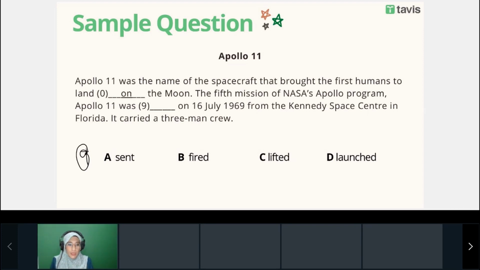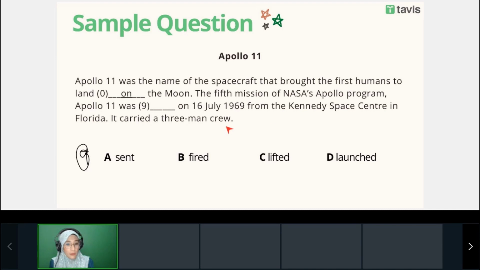Okay. So for question 9, the fifth mission of NASA's Apollo program, Apollo 11, was something on 16 July 1969 from the Kennedy Space Center in Florida. It carried a 3-man crew.